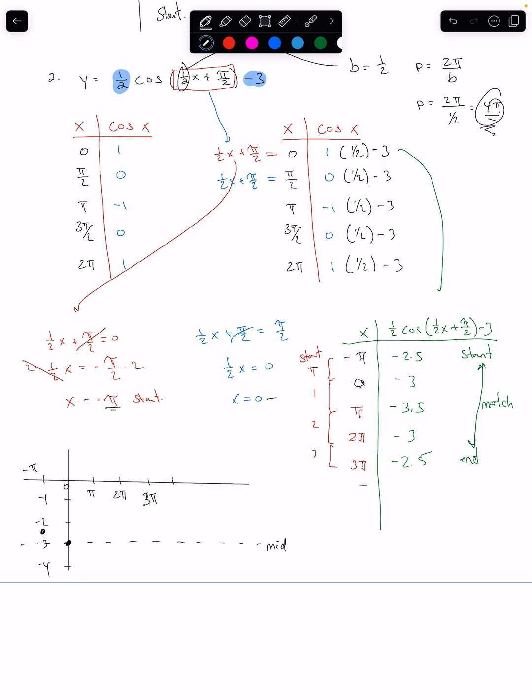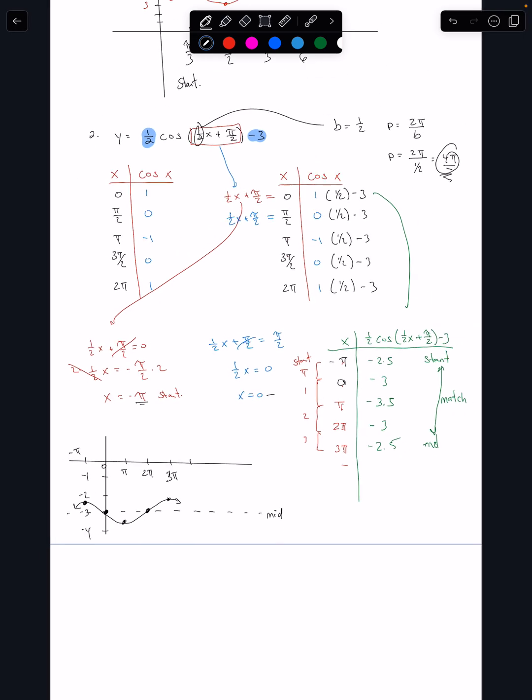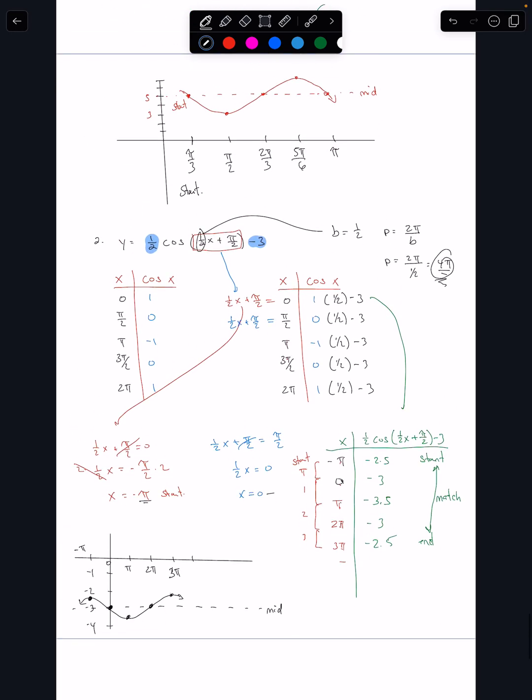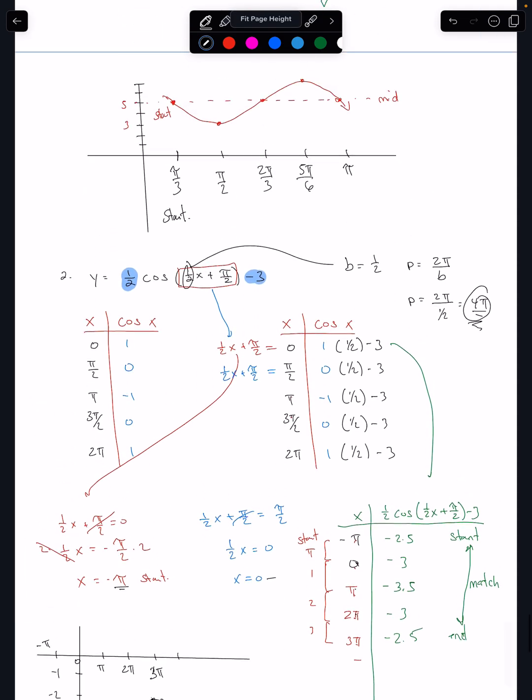Pi, -3.5. 2 pi, -3. And 3 pi, -2.5. And there's my cosine.